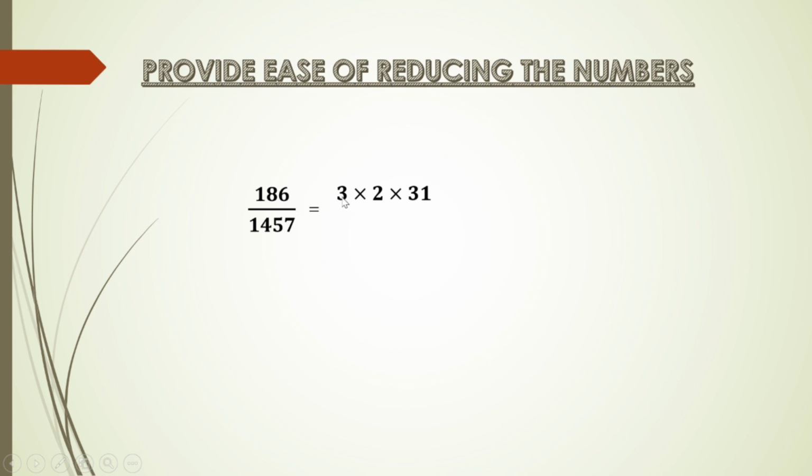When we start factorizing, you will be able to get the factorization form. That means this number is divisible by 1 and 186, 2 and 93, 3 and 62, and 6, so all the factors can be listed.